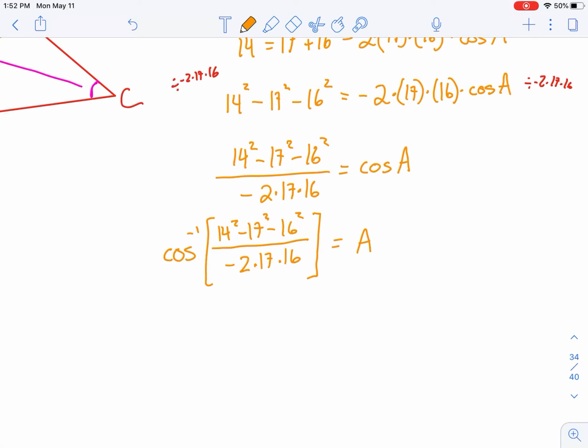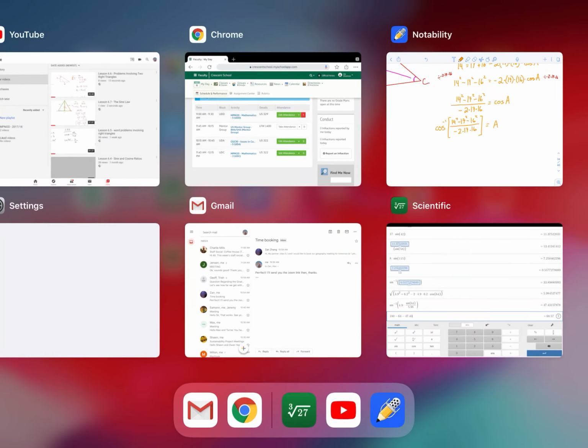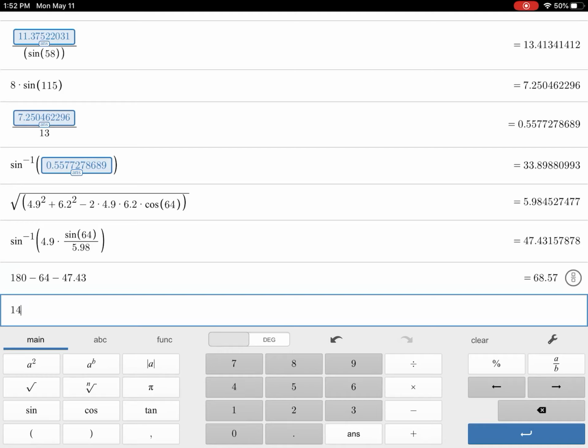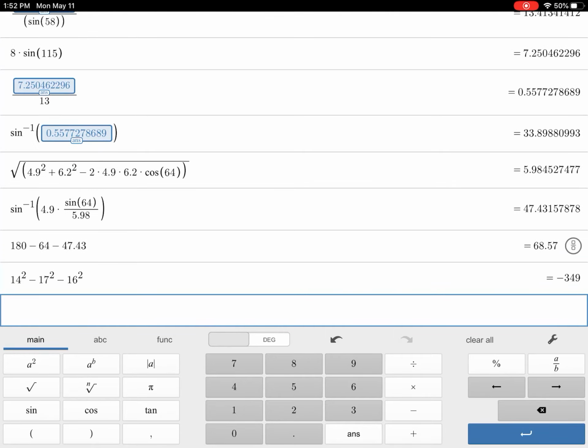Some of your calculators are better than others. Once again, you may have to type this in as a numerator divided by denominator, hit enter, so that answer saves in your calculator, then do cosine inverse of answer. I'll do it that way just to show you. So we're going to do 14 squared minus 17 squared minus 16 squared is equal to, that's my numerator.